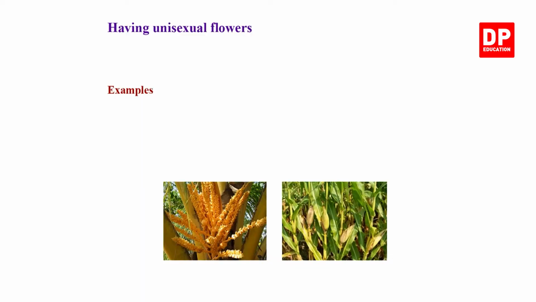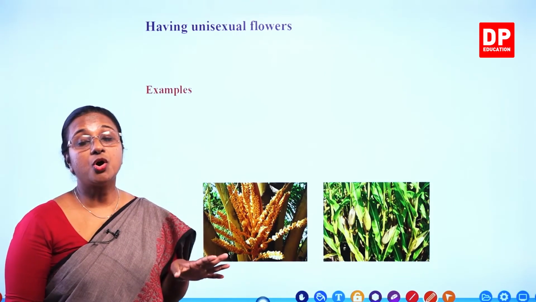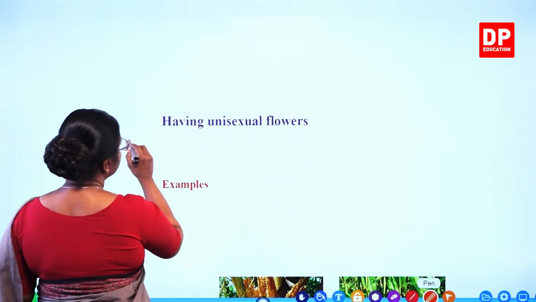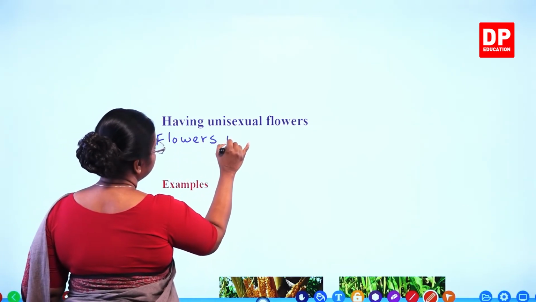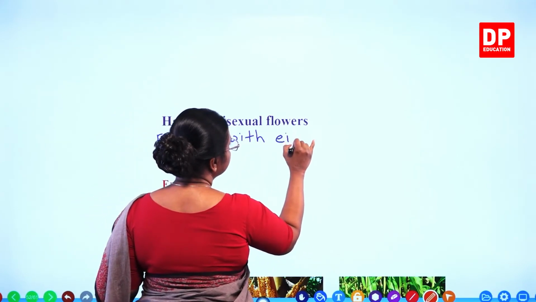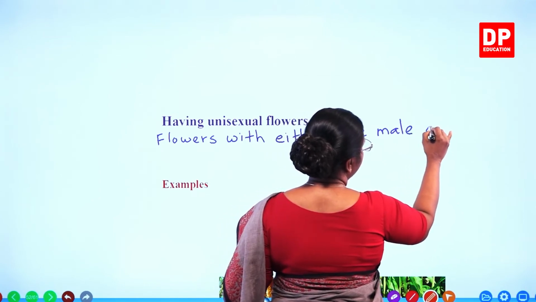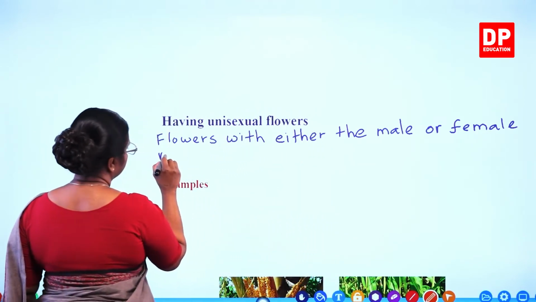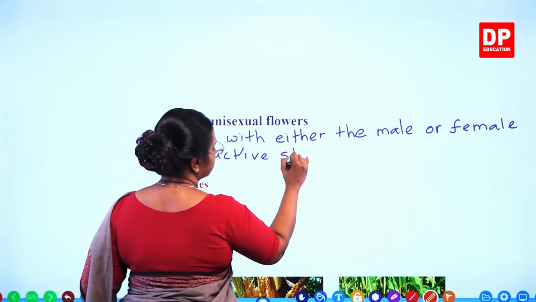So, having unisexual flowers. I explained this to you all before also. Either staminate flowers or pistillate flowers. So, having unisexual flowers with only, or we can say either the male or female reproductive structure.